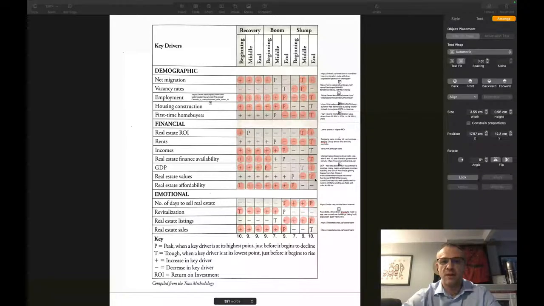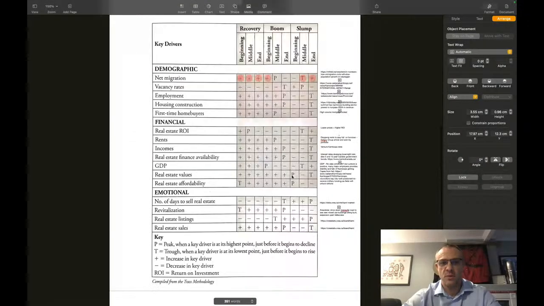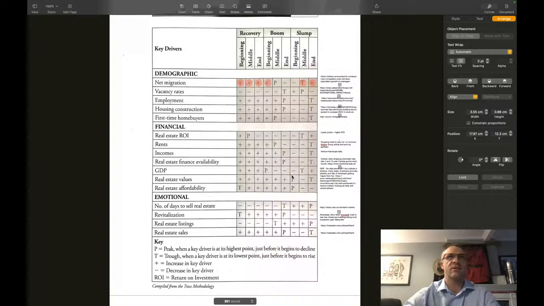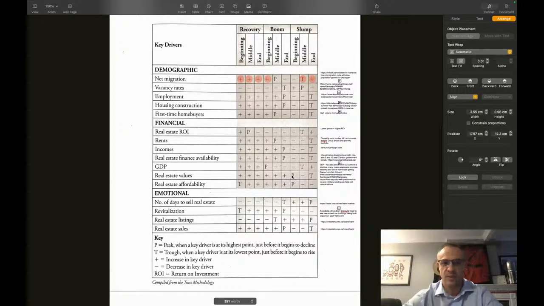So today we're looking at key drivers, and this is from the Secrets of the Canadian Pass method that we're going to be using here. I'll talk about some of these phases of the real estate market, and also how you can find the data for yourselves.